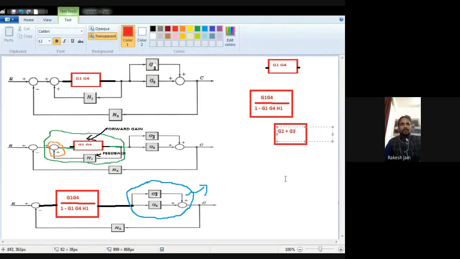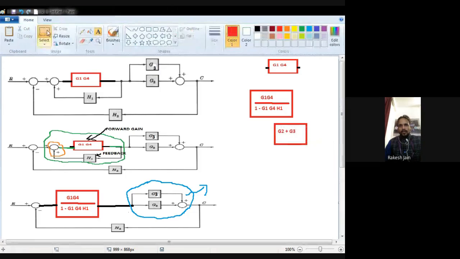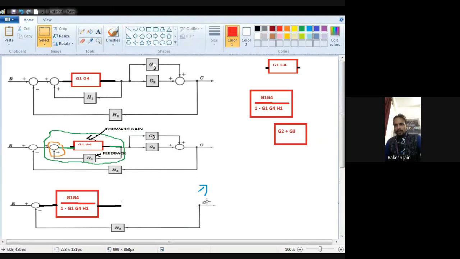Okay, so now this block will also be removed. This block is completely removed, and the block in its place will be G2 plus G3.